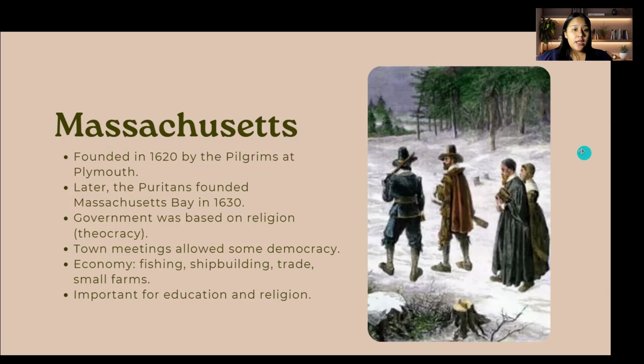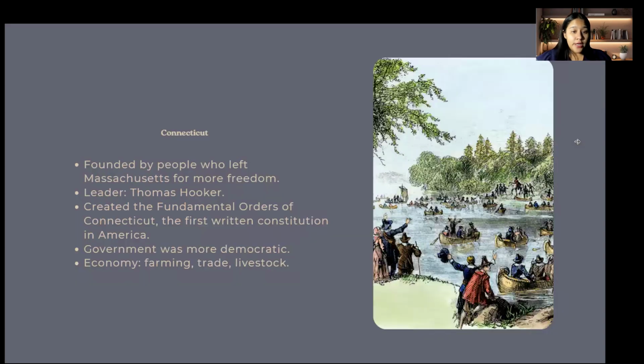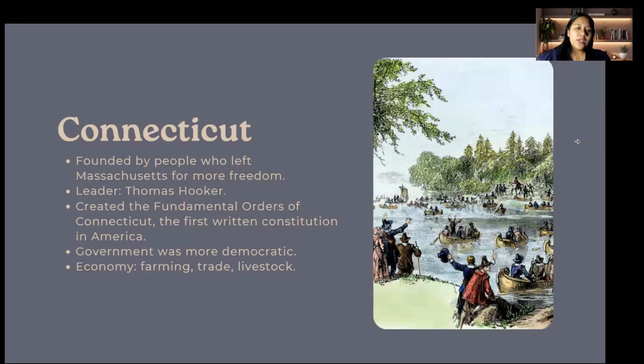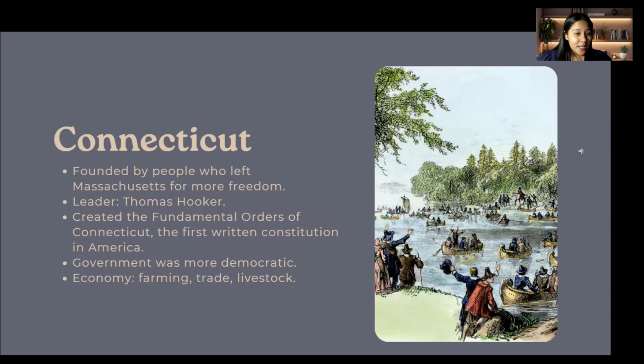Sure. So then let's talk about Connecticut. Well, Connecticut was founded by people who left Massachusetts because they wanted more freedom, both politically and religiously. Their leader was Thomas Hooker. What makes Connecticut very important is that they created the Fundamental Orders of Connecticut in 1639.